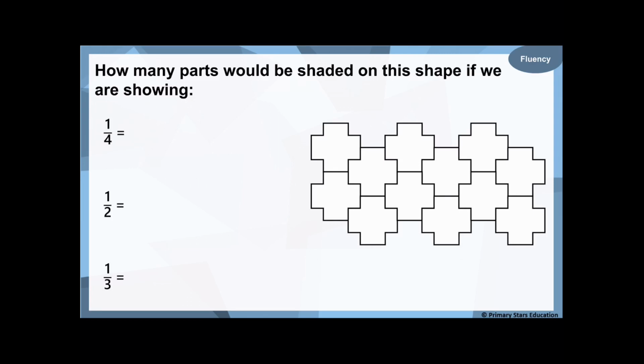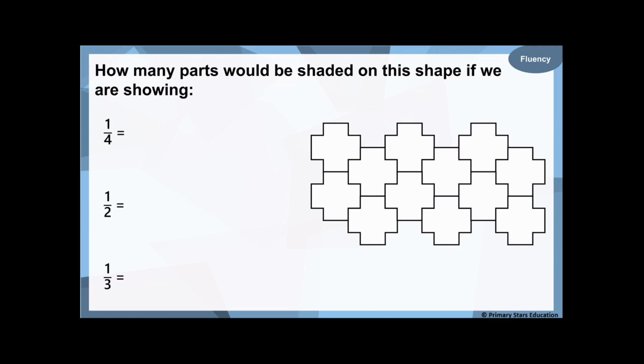Now look at the pattern of the shape on the right-hand side of this page. How many parts would need to be coloured on this shape if first of all you were going to show 1/4?